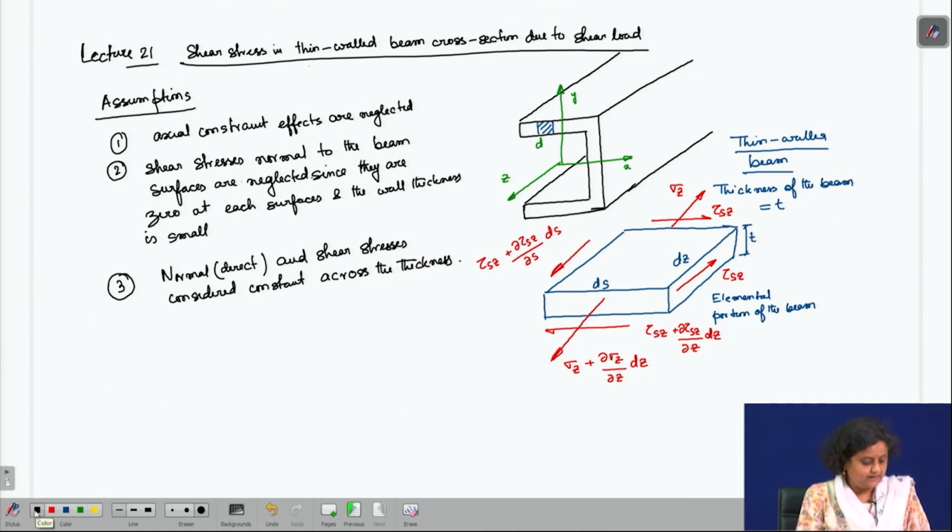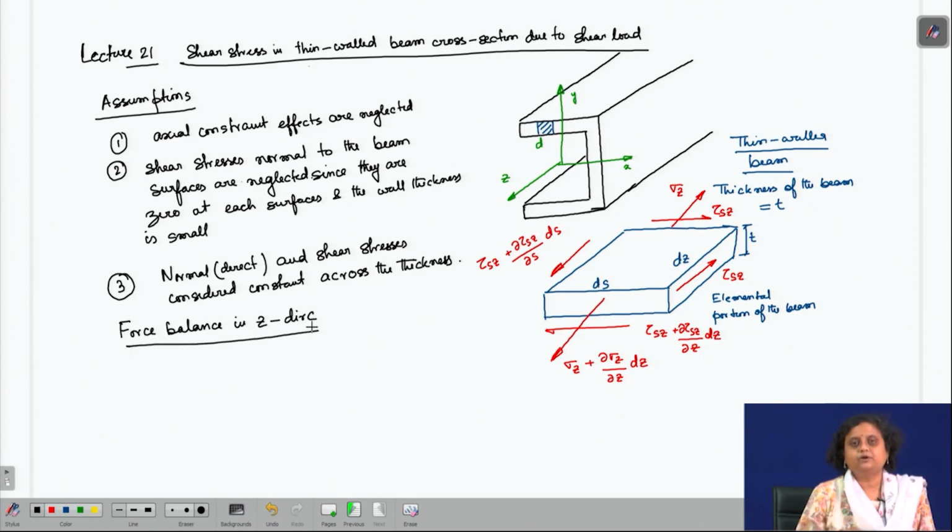So, let me write down the force balance in z direction. If we write down the force balance in z direction, let us see what we have.